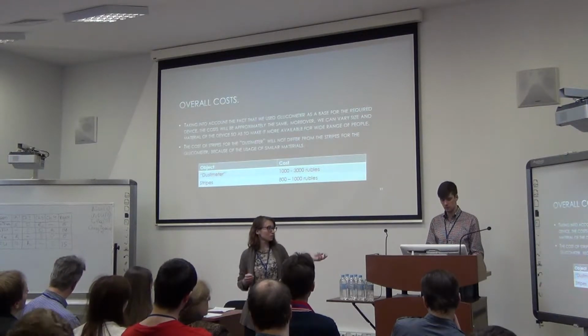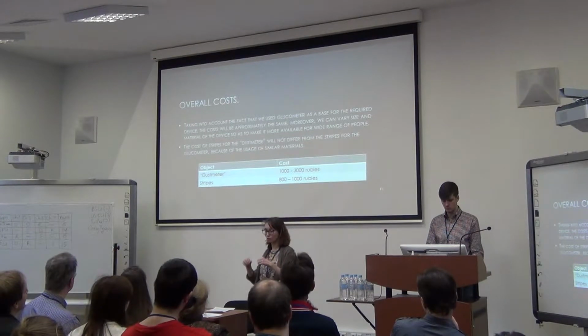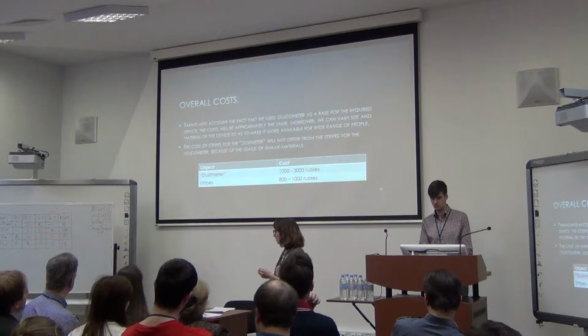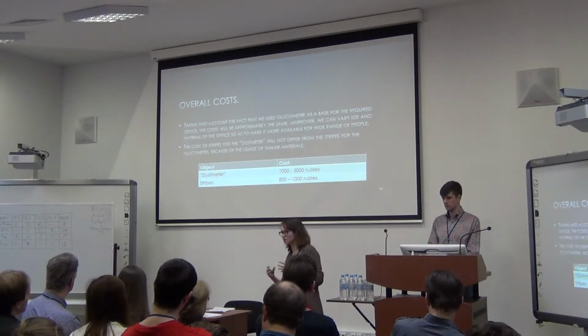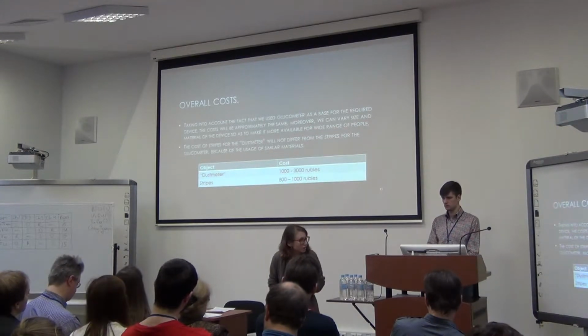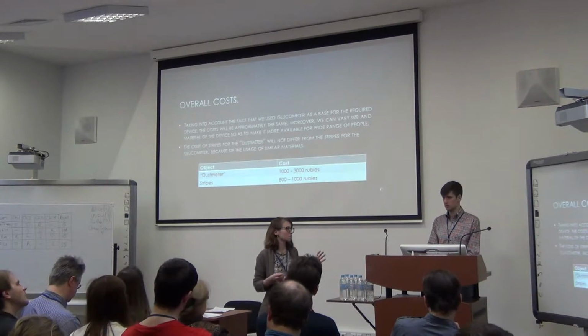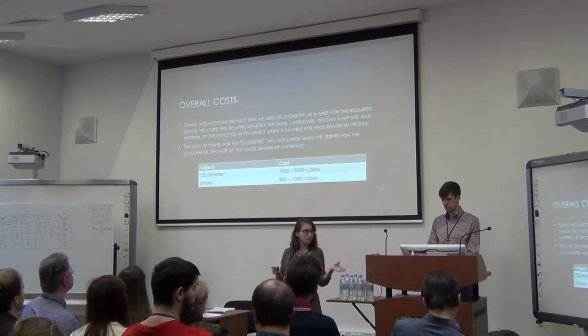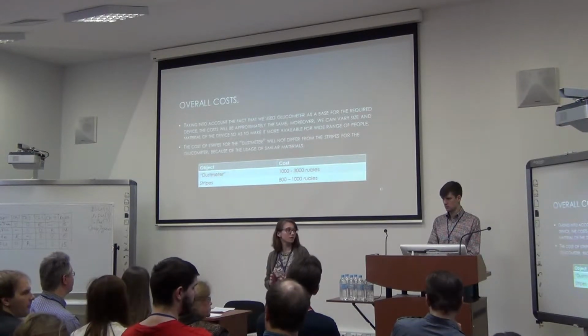So the dust meter, as I called it, may cost about 1,000 or 3,000 rubles. It also may vary depending on all of the electronics inside. For example, we can change the sizes and so on. And the strips will cost about 800 or 1,000 rubles, or approximately like that.